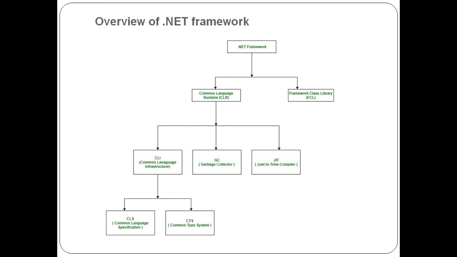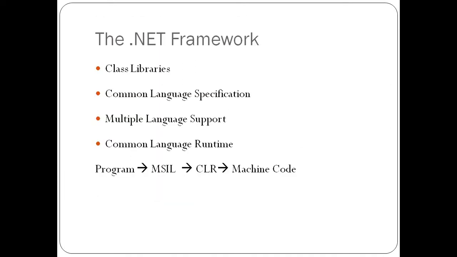This is the common overview. This is how .NET Framework is designed. .NET Framework is a combination of all these entities which are available on your screen. So let's understand these entities one by one.